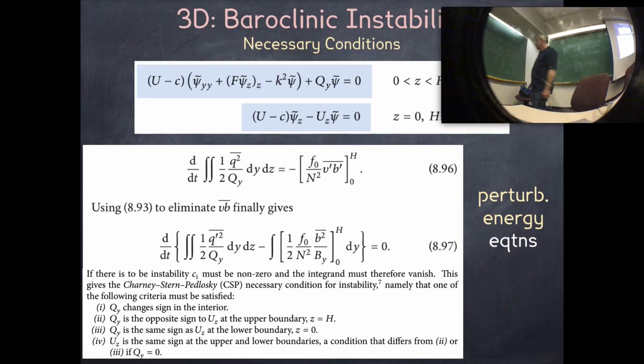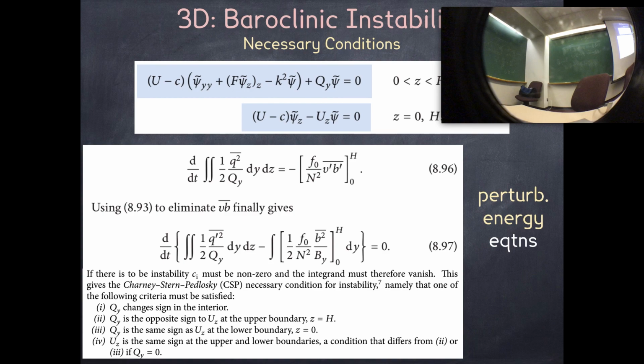What's the PV in this layer? Zero. It's zero. So, no, it doesn't change sign. In the interior, it just has one sign. It's just zero everywhere. And if it's zero, it also can't be the opposite sign at the upper boundary, and it can't be the opposite sign at the lower boundary. So it's not condition 1, 2, or 3 that's satisfied.